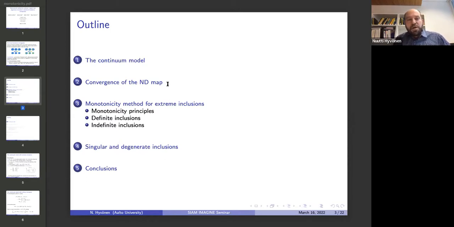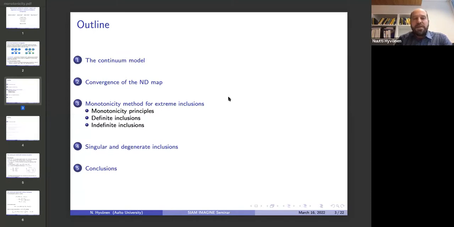This second part here might seem a little bit odd, but the idea is that part of the technique that we use for tackling the detection of the extreme inclusions is to know how the Neumann-Dirichlet boundary map, that's how we model the boundary measurements, converges when you let the conductivity level inside certain inclusions go to 0 or infinity.